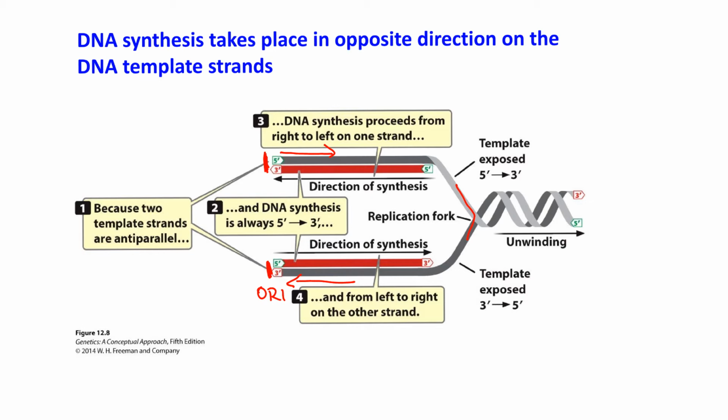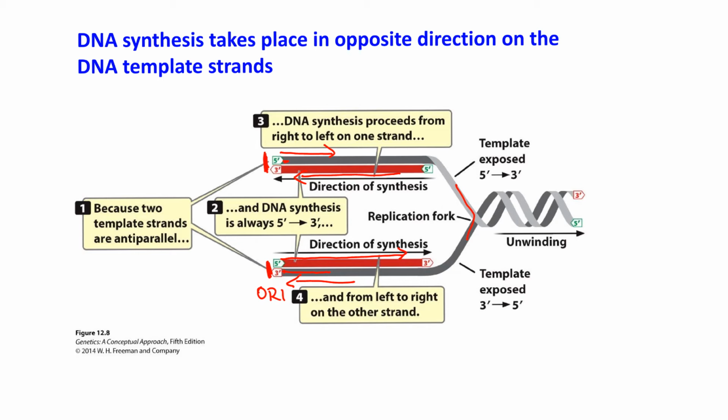So the newly synthesized strand would go this way, and in this case you have 5' here, so it will be copied this way. So the synthesis on two templates of DNA is proceeding in opposite directions from the origin of replication.